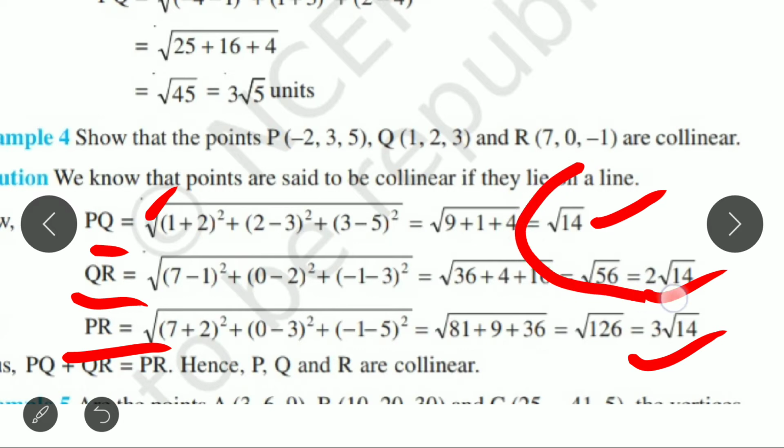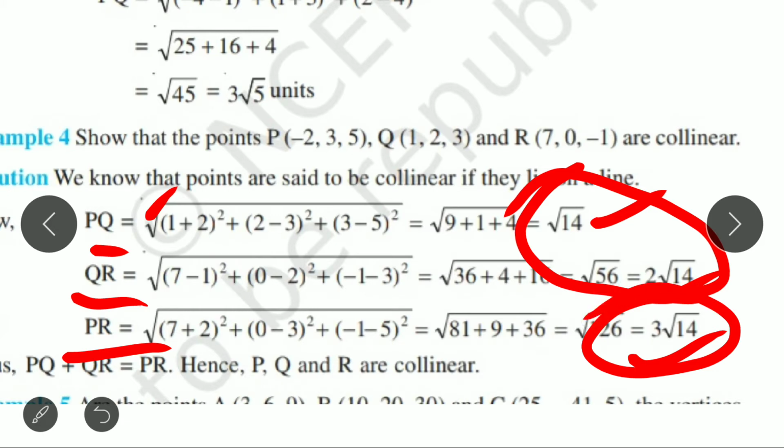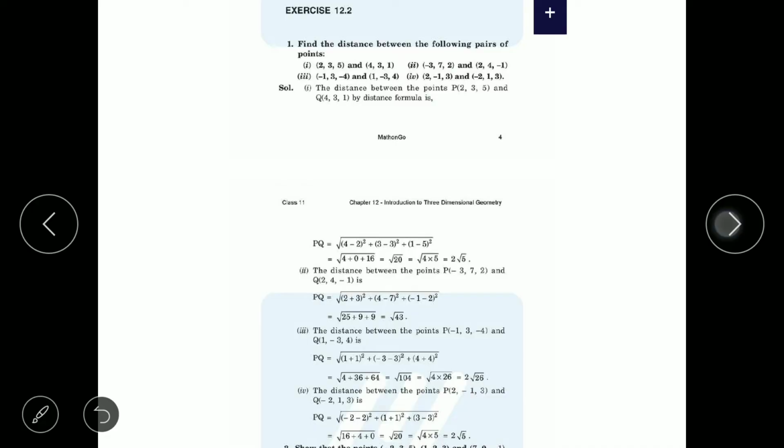Here if I add root 14 plus 2 root 14, I will be getting 3 root 14. So see the conclusion: PQ plus QR equals PR, hence P, Q, R are collinear. So to show that they are collinear, you have to show the sum of two distances is equal to the third distance.